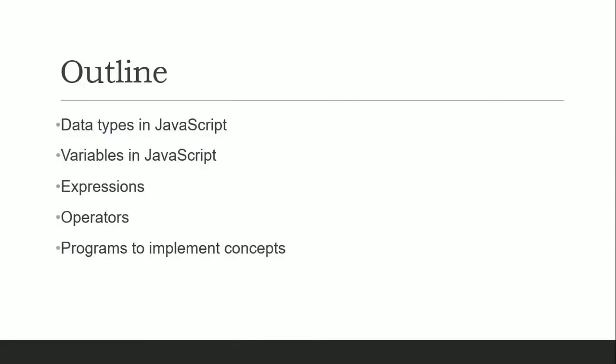Therefore, we're going to talk about the following important aspects: data types in JavaScript, variables, expressions, operators, and we can talk about a few programs that can be used to implement these concepts.